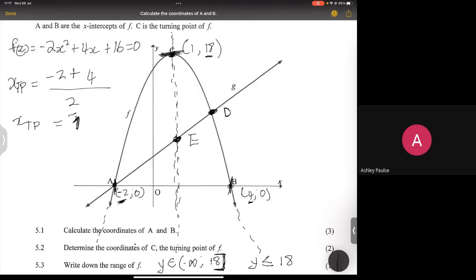How long would be the distance CE? Would we know how to go about that?